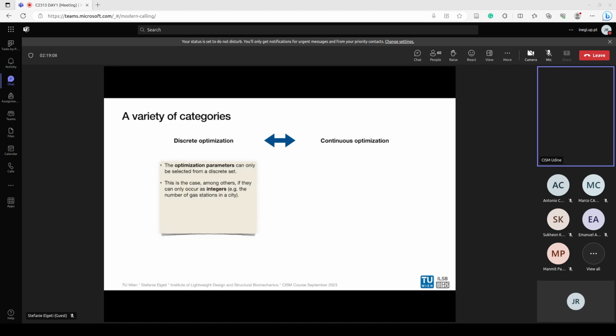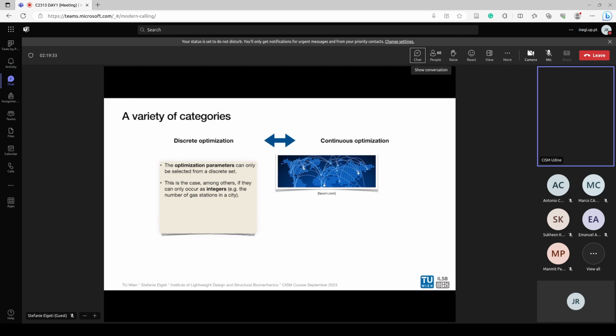If we think about discrete optimization, then our optimization parameters can only be selected from a discrete set. So this is, for example, the case if our optimization parameters can only occur as integers. So for example, if we look at the number of gas stations in a city, this would be an example of discrete optimization, how we want to place them optimally.